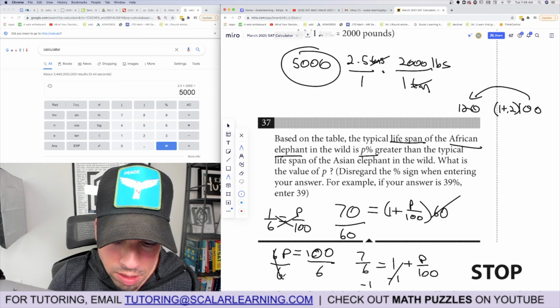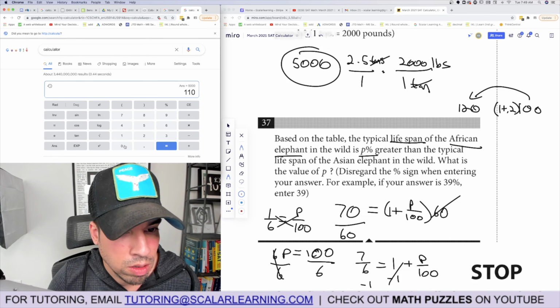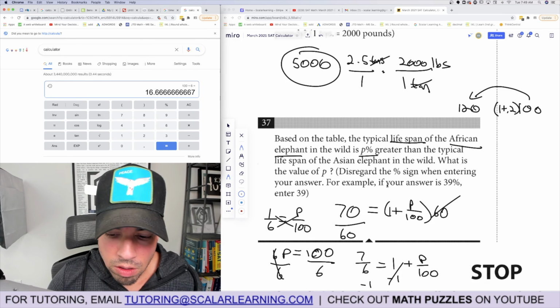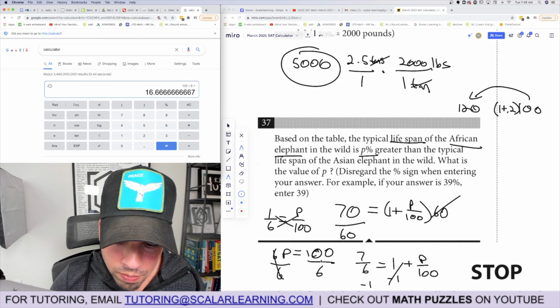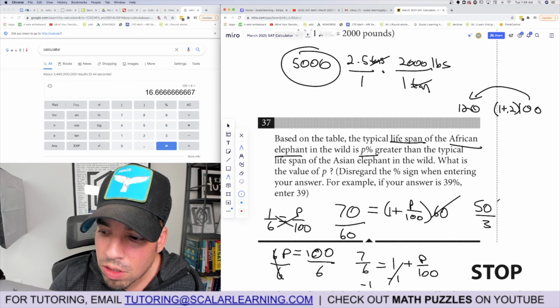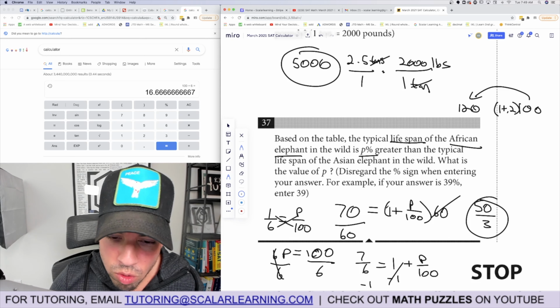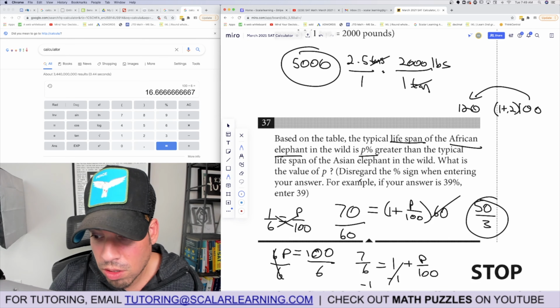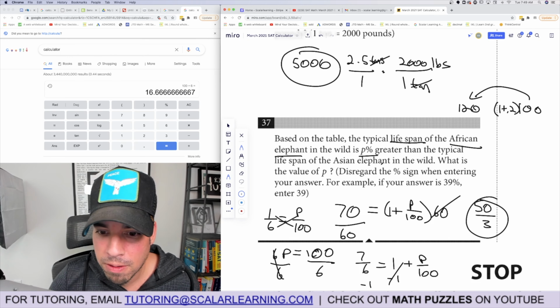I know that has a repeating decimal, which is weird. I probably could enter this as 50/3 or 16.7. Sometimes I'll even take 16.6, but it just feels weird to me.